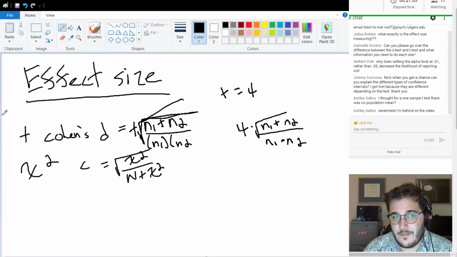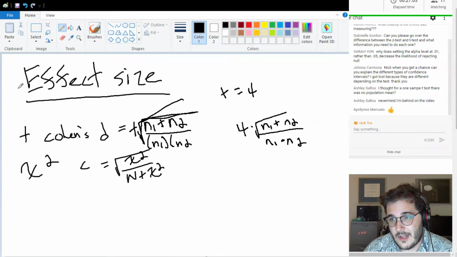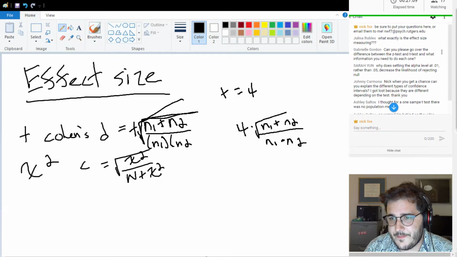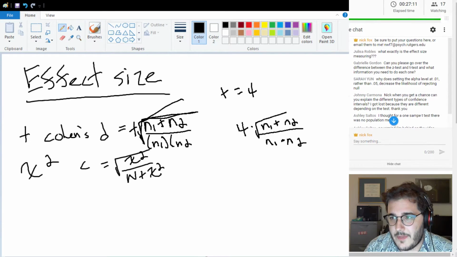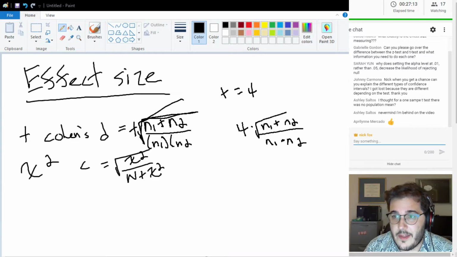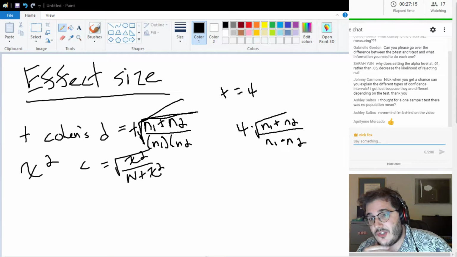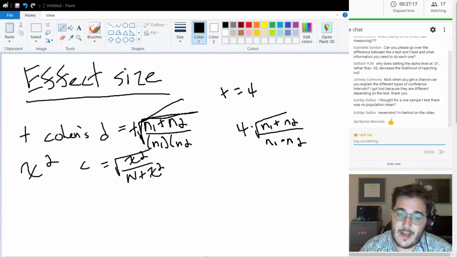And things with small effect sizes can also be very important. Like, if there's a drug that has a small but measurable effect on reducing cancer, then that's an important thing. You don't have to have some gigantic effect size for it to be relevant.